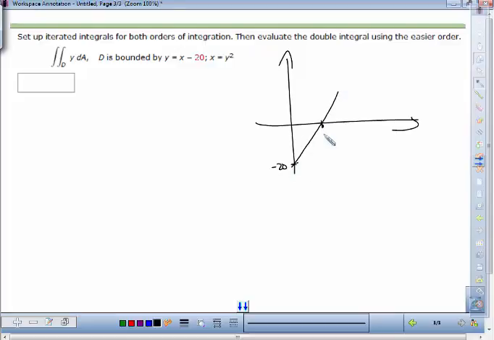I'm assuming the x-intercept is also 20 since the slope is equal to 1. We have a sideways parabola, x equals y squared, so this looks like our region.